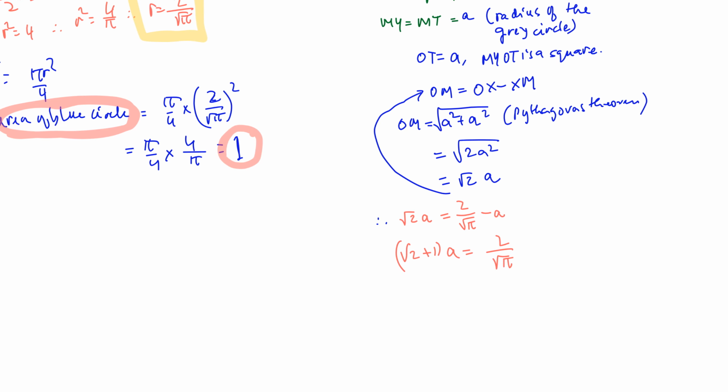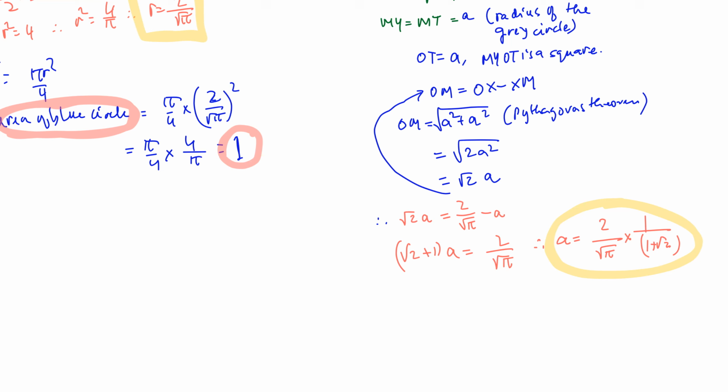Therefore A is equal to 2 over root pi multiplied by 1 over 1 plus root 2. So that's A for us. A is the radius of the gray circle. So now I can find the area of the gray circle.